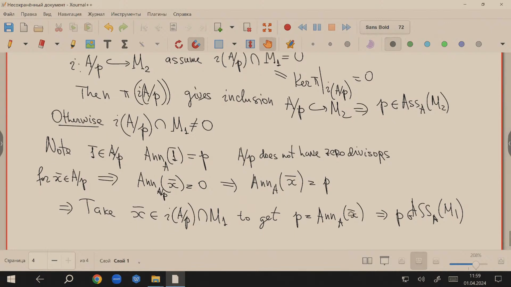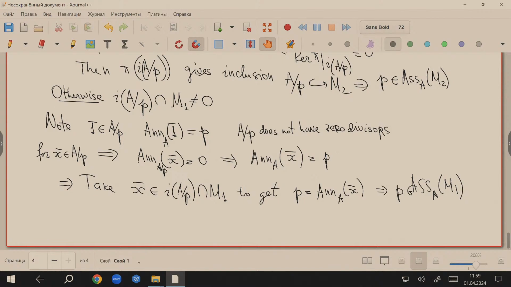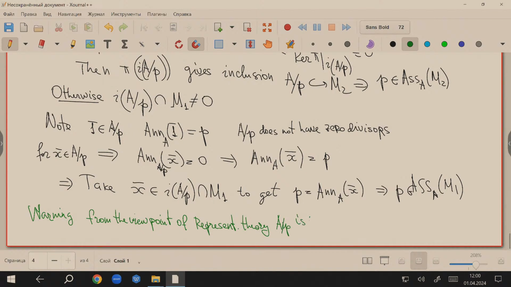And notice that this is a warning from the viewpoint of representation theory: A mod P is not a simple module.